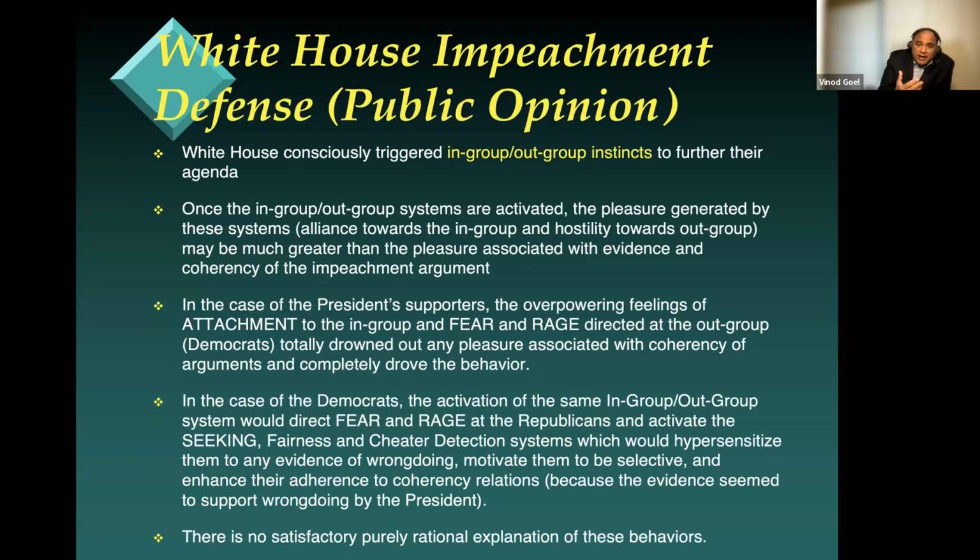In the case of the Democrats, the activation of the same in-group, out-group system would direct fear and rage at the Republicans and activate the seeking, fairness, and cheater detection systems, which would hypersensitize them to any evidence of wrongdoing, motivate them to be selective, and enhance their adherence to coherency relations because the evidence seemed to support wrongdoing by the president. And so there is no satisfactory, purely rational explanation of these behaviors.